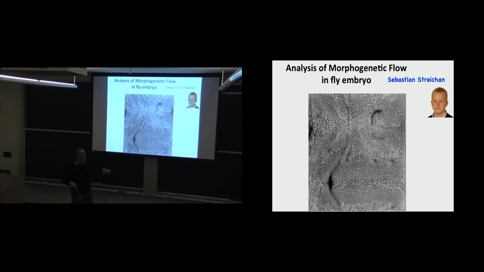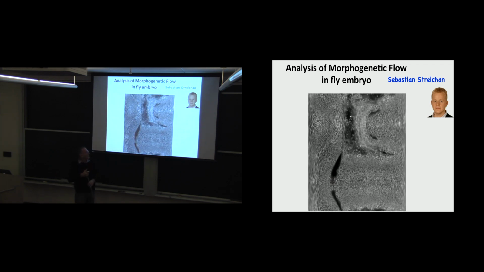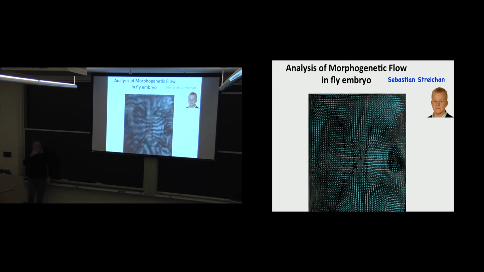Sebastian likes unrolling the embryo in this sort of Mercator projection, where the anterior and posterior poles of the embryo become grossly distorted, but we don't care. We are looking at what's happening in the middle.